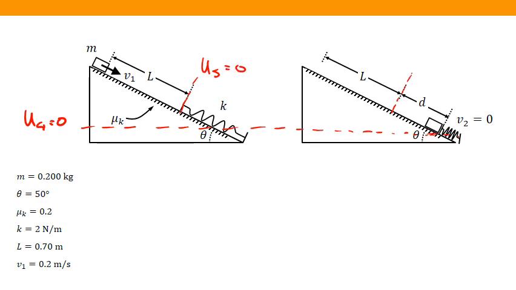All right. So my block starts up here a distance L above where it starts to compress the spring, and that's a distance L plus D above where it ends, which is where my gravitational potential energy is 0. And that's going to be important.